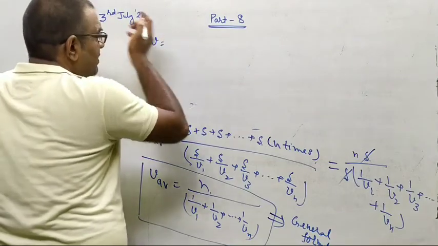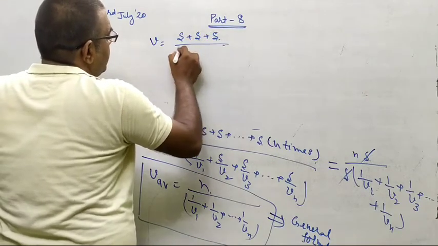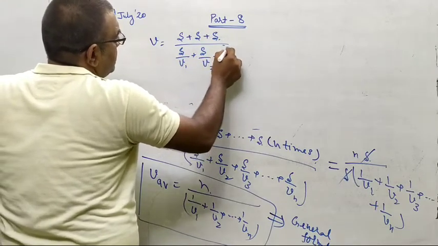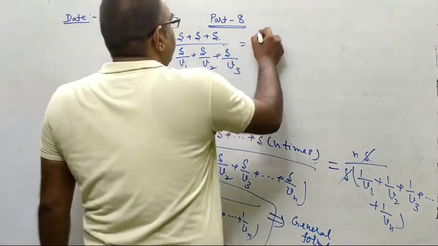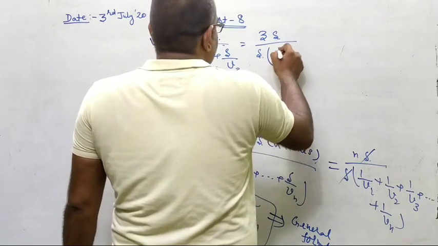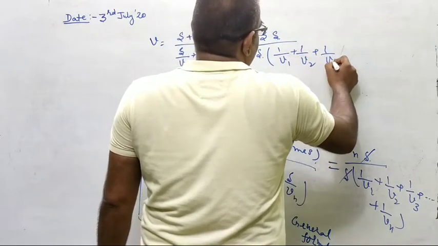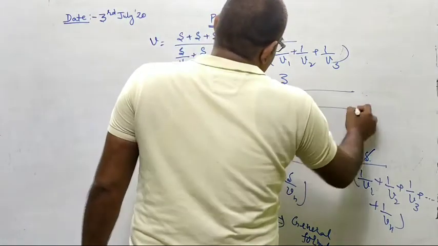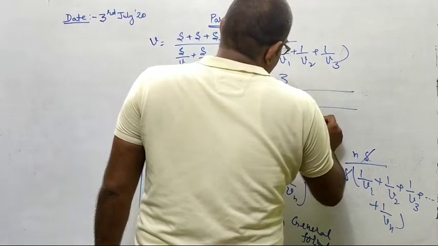V average is equal to S plus S plus S upon S upon v1 plus S upon v2 plus S upon v3, and here we get 3S upon S times 1 upon v1 plus 1 upon v2 plus 1 upon v3. S to S cancel out and it will become v1 into v2 into v3.